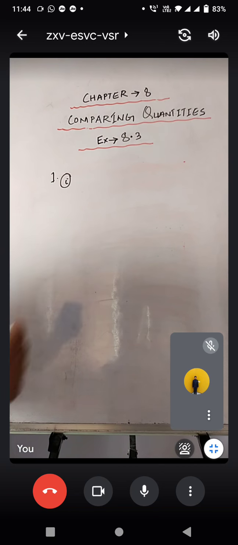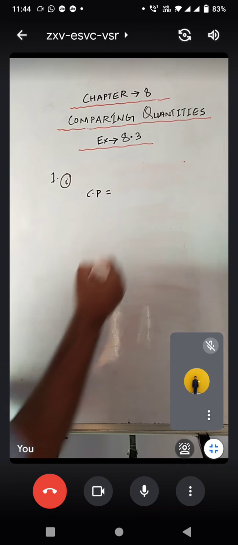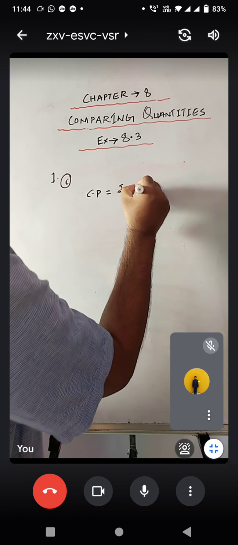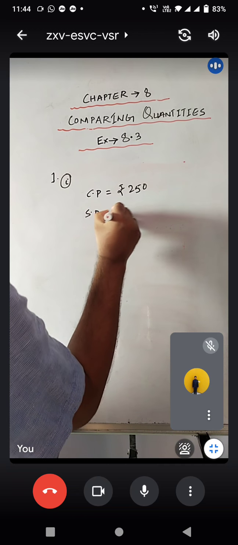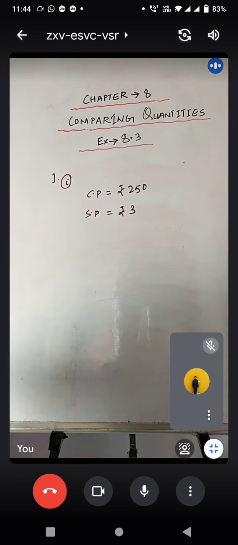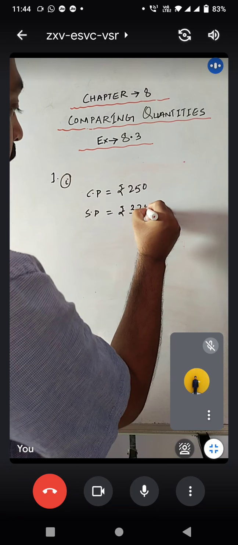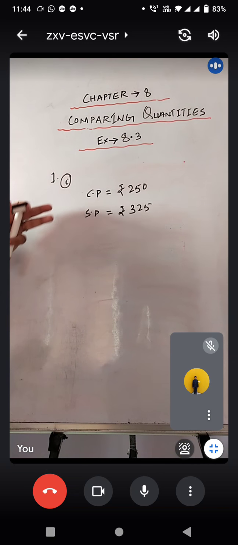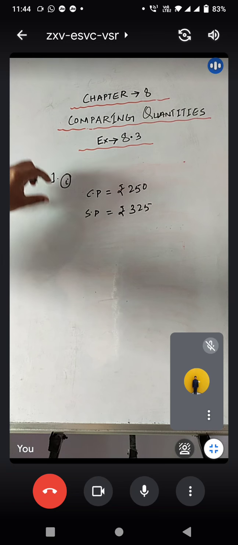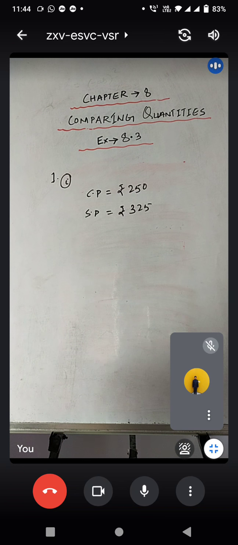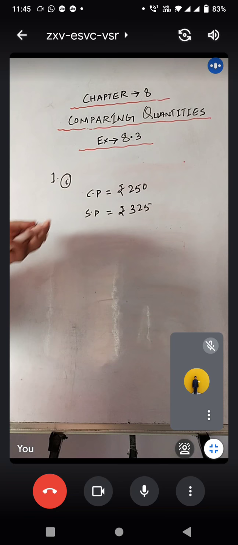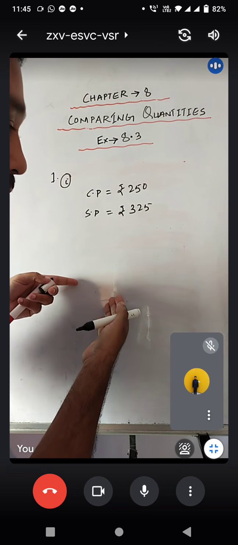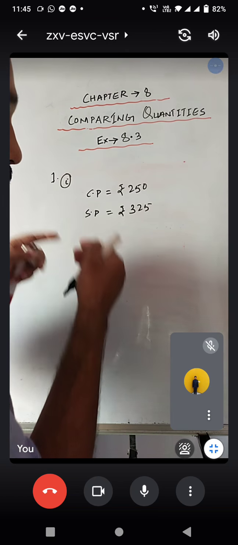That is, the cost price is given as 250 and the selling price is given as 325. In all the sums of question number 1, we have to find profit percent or loss percent, depending on what we are making. If we are going for a profit, then we'll find profit percent. If we are suffering a loss, then we'll go for loss percent.